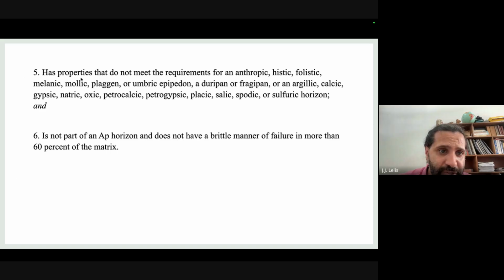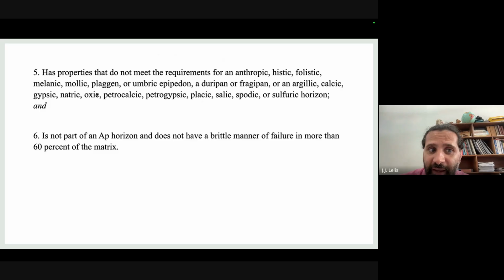It should also register properties that do not meet the requirements for anthropic, histic, folistic, melanic, mollic, plaggen, or umbric epipedons, and also should not fit the criteria for a duripan, fragipan, argillic, calcic, gypsic, natric, oxic, petrocalcic, petrogypsic, placic, salic, spodic, or sulfuric horizons.